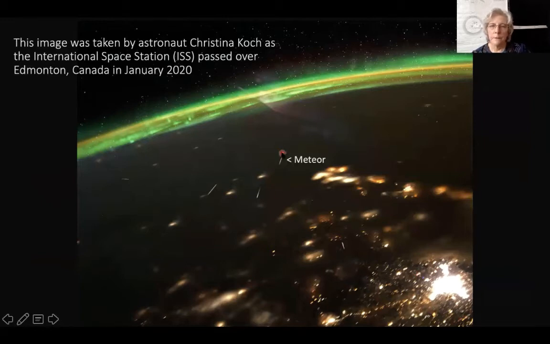And Christina Koch saw a bunch of little meteors down below her. Now, the space station is up roughly 250 miles or so. And so what does that tell you about where meteors are? Below the level of the space station or higher?